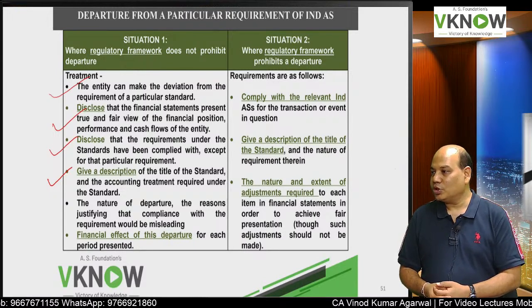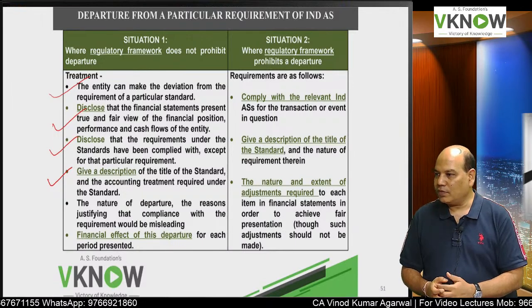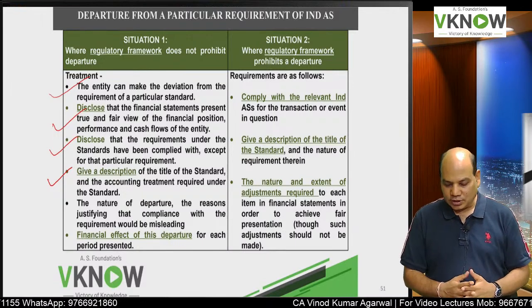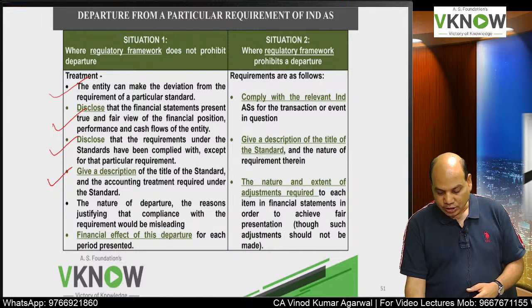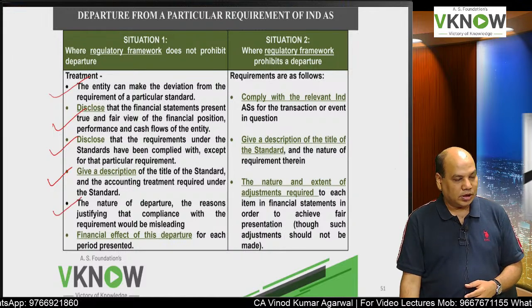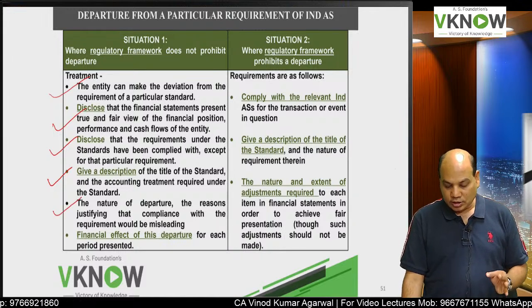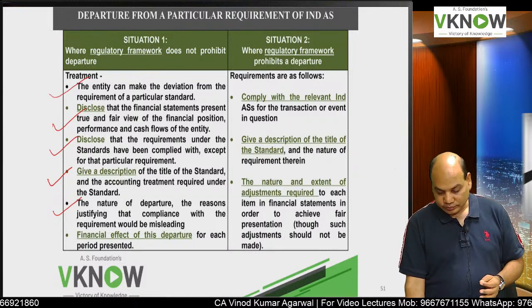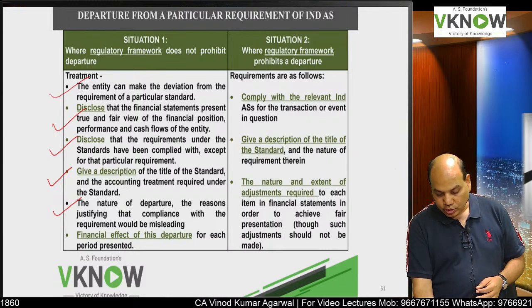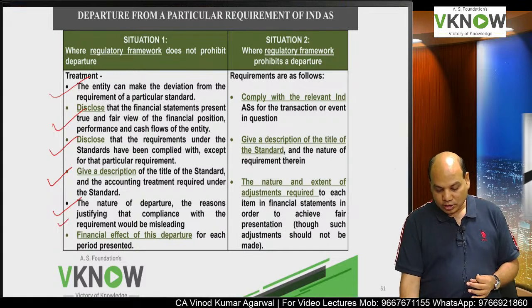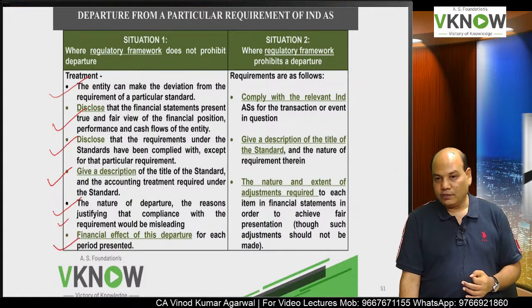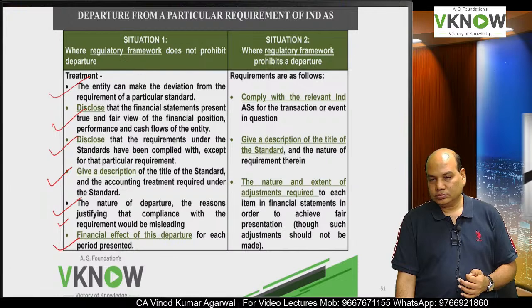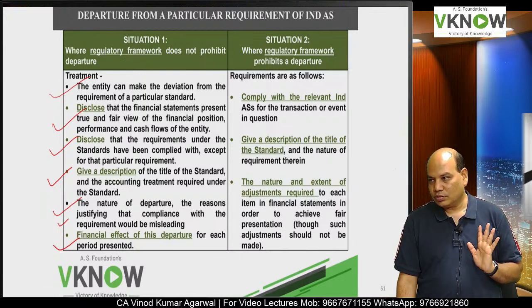But we are not in a position to calculate the fair value of this particular customized derivative. Then the nature of departure, that is how you have deviated, reasons for the departure, okay, why you have departed, and last is what is the financial effect of this departure. So much disclosure you have to give.